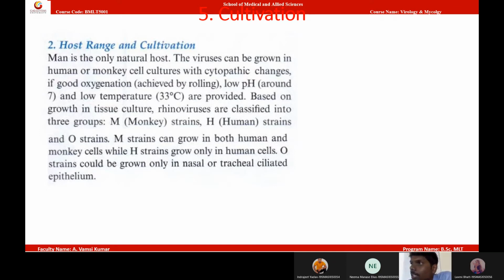Cytopathic effects can be observed in the presence of good oxygen supply.